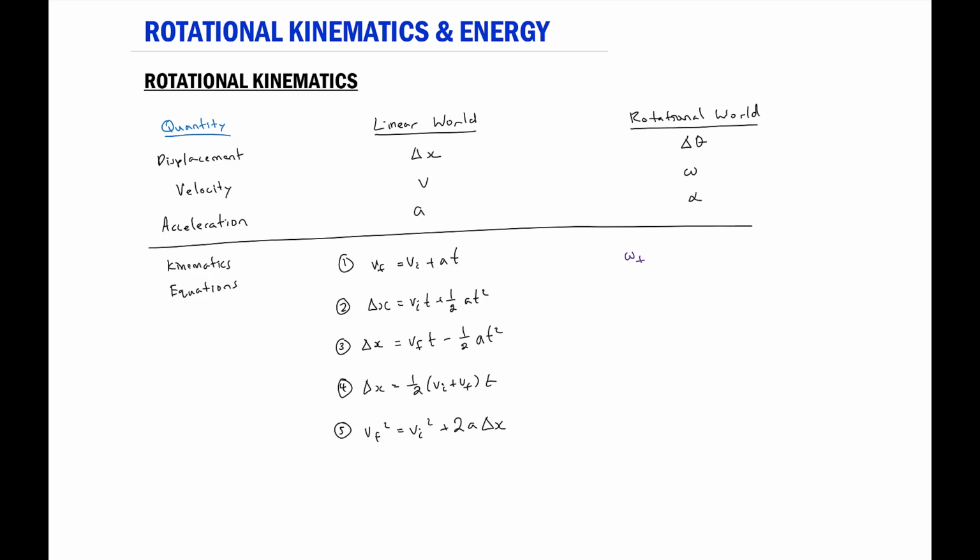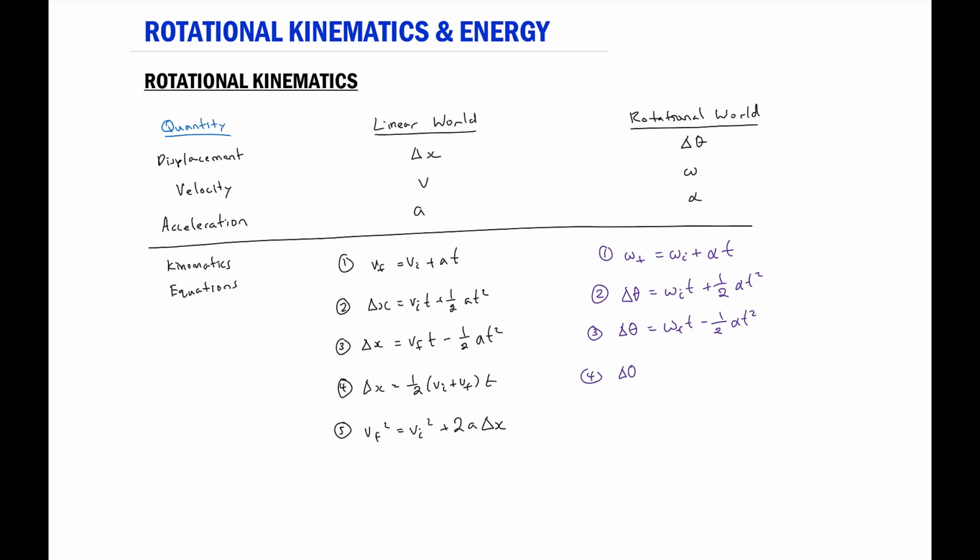Let's say this is number 1. Omega f is equal to omega I plus alpha t. We have delta theta being equal to omega I t plus 1/2 alpha t squared. Delta theta is equal to omega f t minus 1/2 alpha t squared.